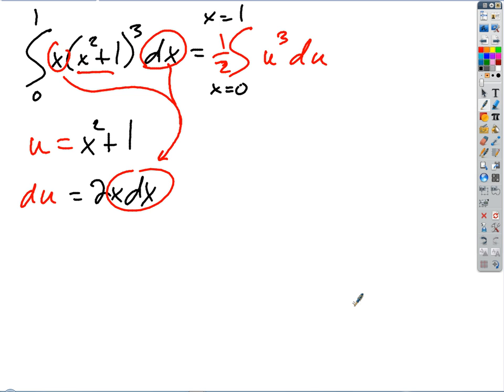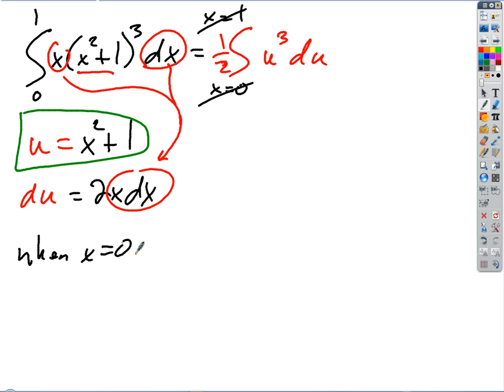Let's just say no to these x's, and let's write the limits of integration in terms of u. And the way we do that is we just go to our substitution equation, right? And we ask ourselves, okay, when x equals 0, u equals 1.